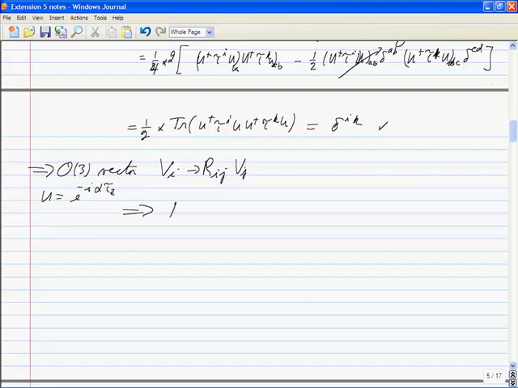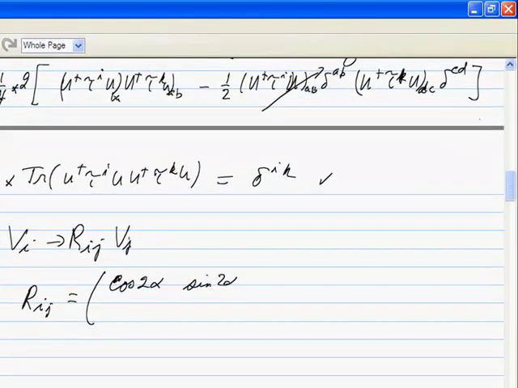That implies R_ij is, if you work it out, cosine 2 alpha, sine 2 alpha, 0; minus sine 2 alpha, cosine 2 alpha, 0; 0, 0, 1.